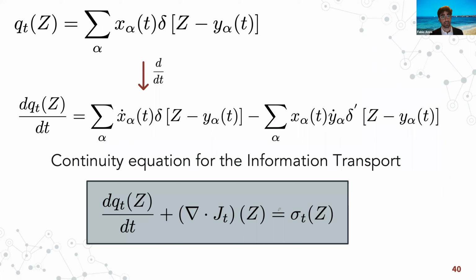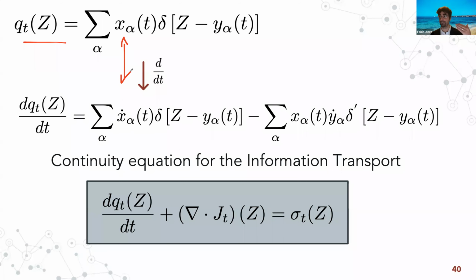Now, this is how you build the theory. You take this object, I call it a geometric quantum state. It's a time-dependent measure on the space of a quantum system. You take the time derivative, and you recognize that there are basically 2 different contributions here.